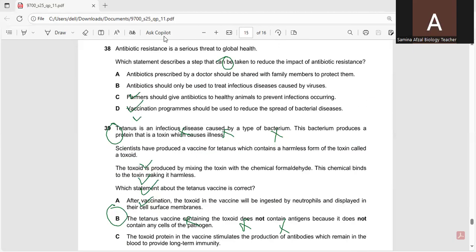Next, question number 38. Antibiotic resistance is a serious threat to global health. It is a major problem. Which step can be taken to reduce the impact?